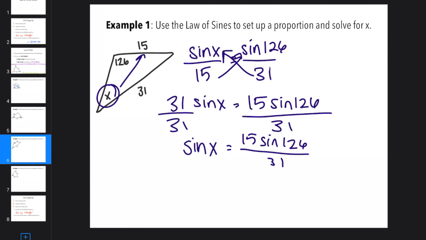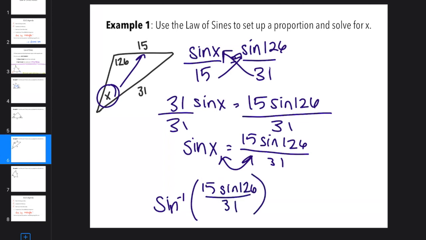Remember when I take the inverse of an angle, I switch my side measure and my angle measure. So I'm going to take the inverse of sine of 15 sine of 126 divided by 31 is equal to x.